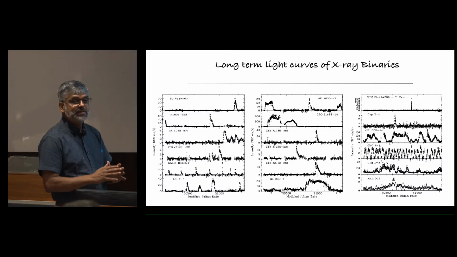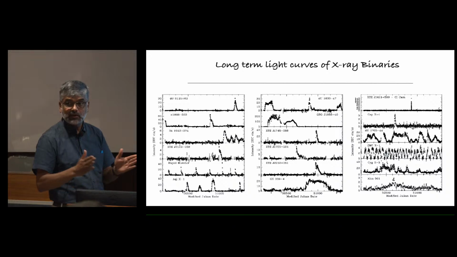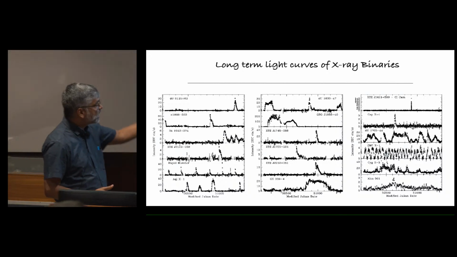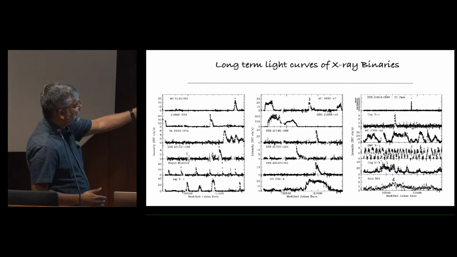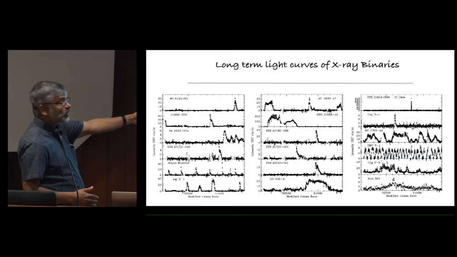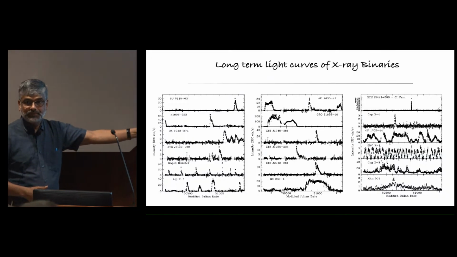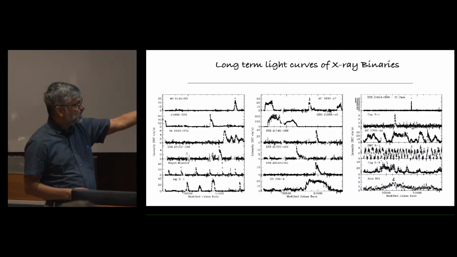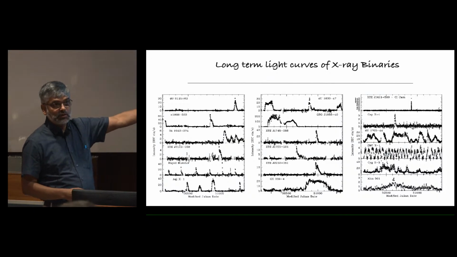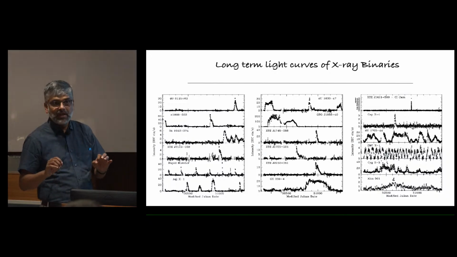The main thing is that most of these X-ray sources are highly variable, not only at short time scales, at long time scales as well. Here I have light curves of 18 such sources over several tens of years. Each one of them has a different, very characteristic long term intensity profile, and that tells us a lot about these sources.